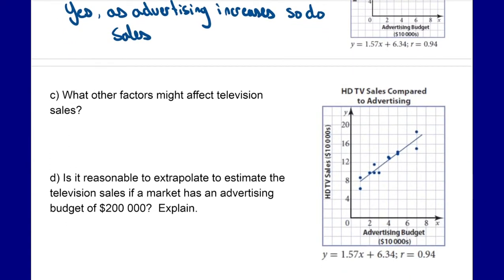What other factors might affect television sales? Is it always just the advertising, or are there other factors in play? Other factors might be where they are advertising. It could also be the price of the TV.